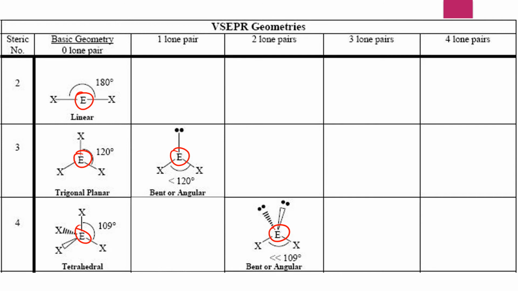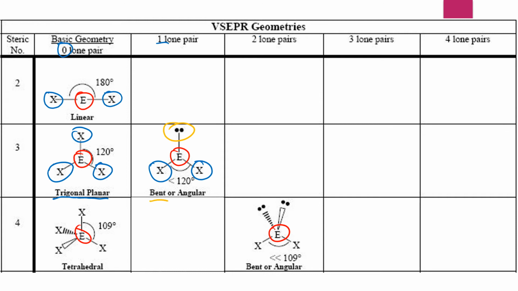If I take a look at the linear shape, I see that there are two atoms attached to it with no lone pairs. This one has three atoms attached to it, thus it's called trigonal planar. Now, if I take a look at this one with one lone pair, it has two atoms and one lone pair attached to it, so it would be considered bent.